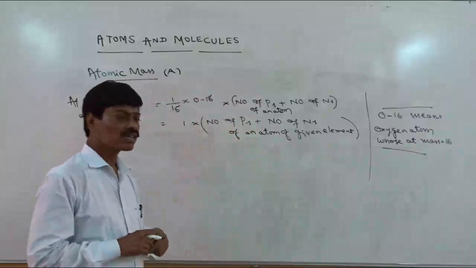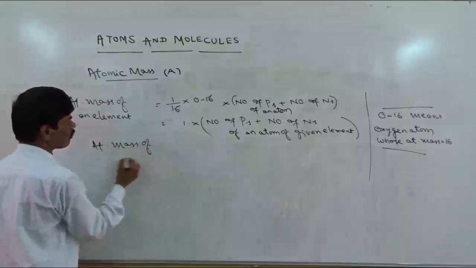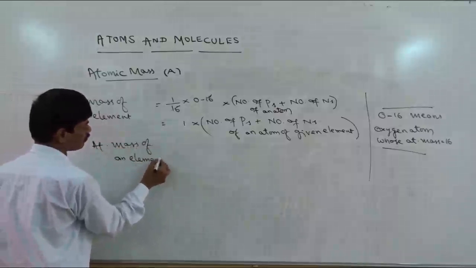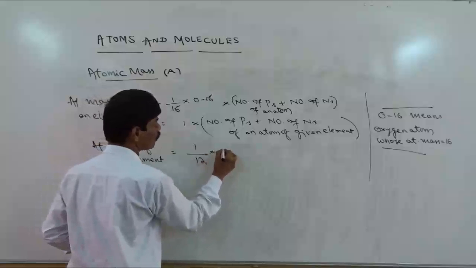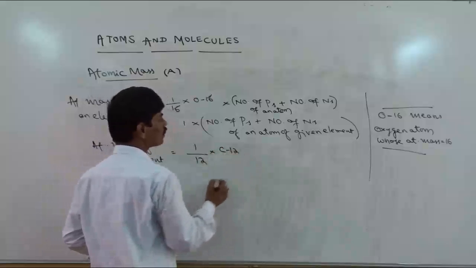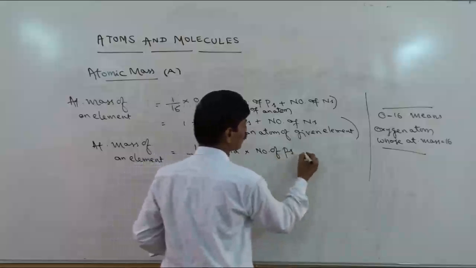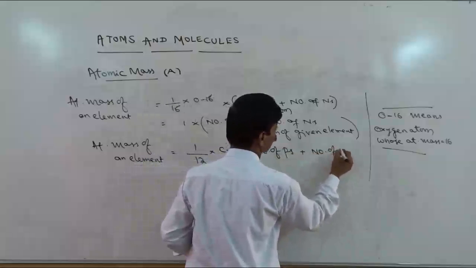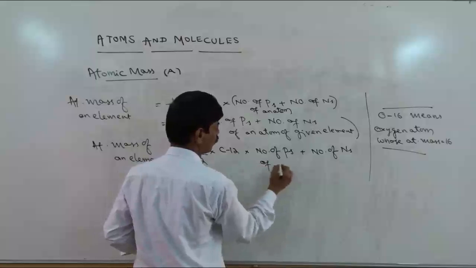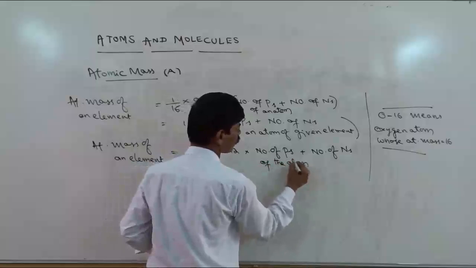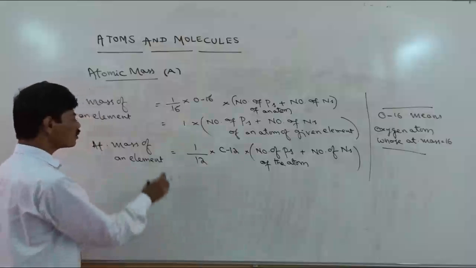So in place of oxygen, carbon has come. So the atomic mass of an element is equal to 1 by 12 mass of C12, multiplied by the number of protons plus the number of neutrons of the given atom of an element, and this was universally accepted.